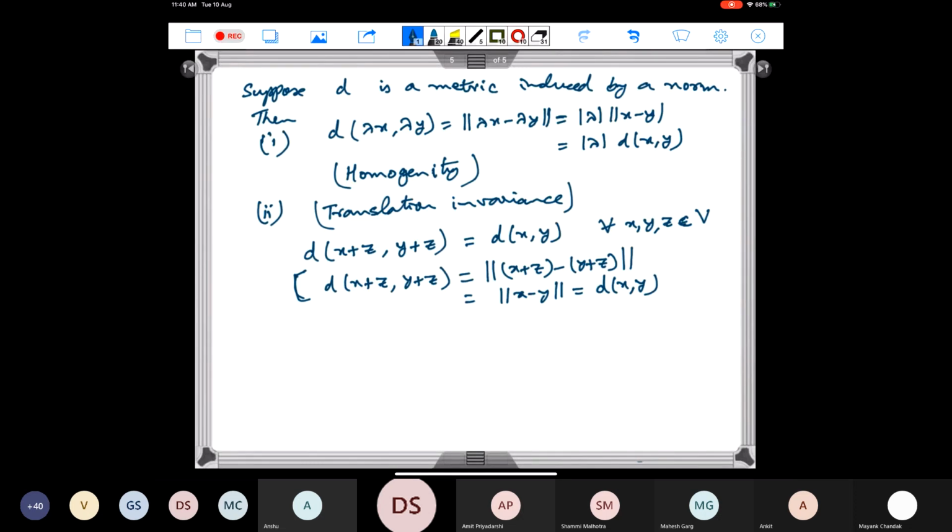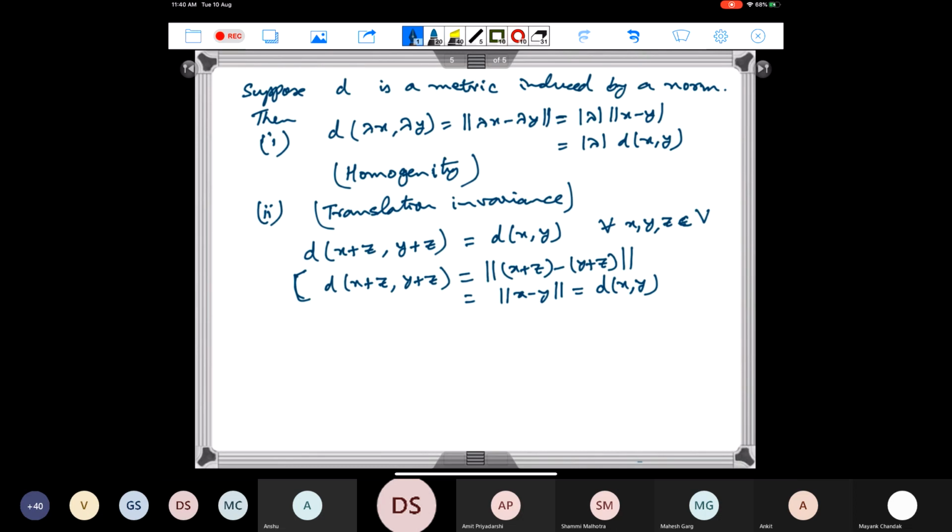Suppose I have a metric on a vector space which satisfies these 1 and 2, then can you define a norm? So conversely, suppose there is a metric which satisfies these two conditions, then is it always possible to define a norm?